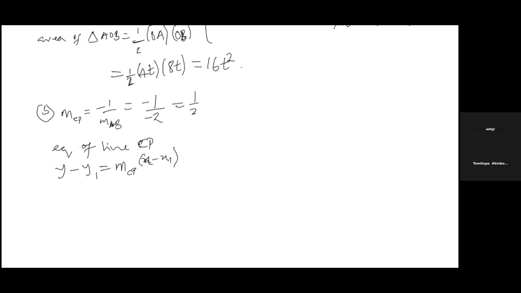So y minus 2t, that's the y coordinate of P, equals m of CP, which is 1 over 2, times x minus x1, which is 3t.